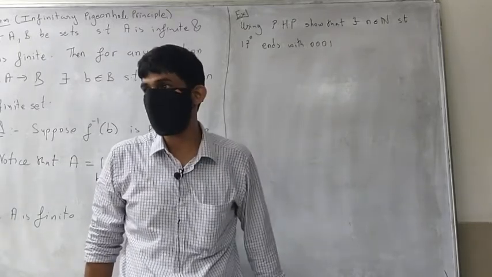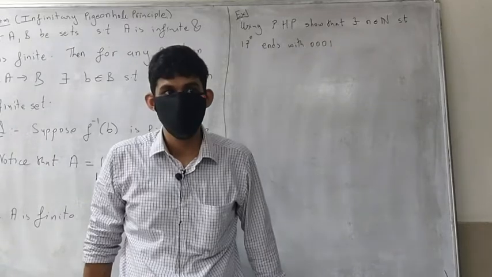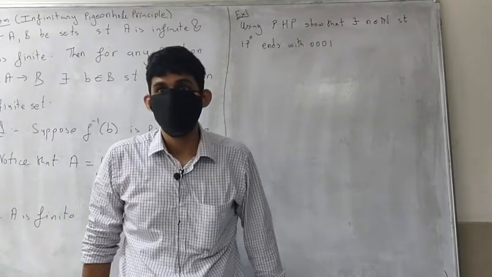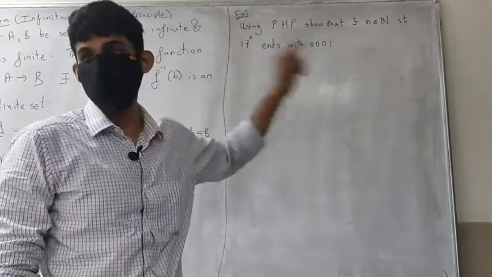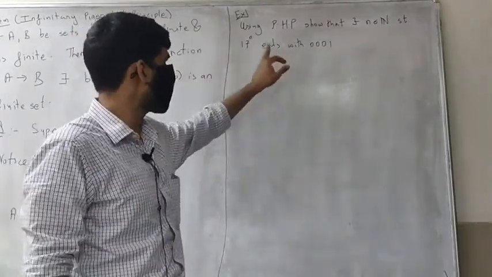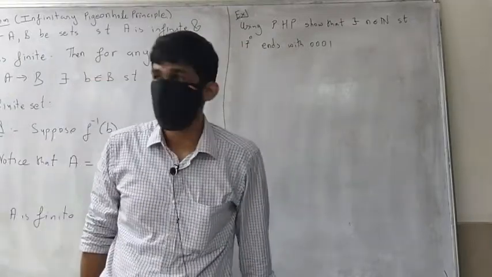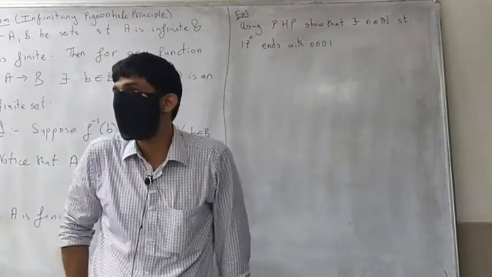The remainder of 17 raised to n is 1 when divided by 10,000. That's exactly what it says. Okay? The remainder of 17 raised to n is 1 when divided by 10,000.